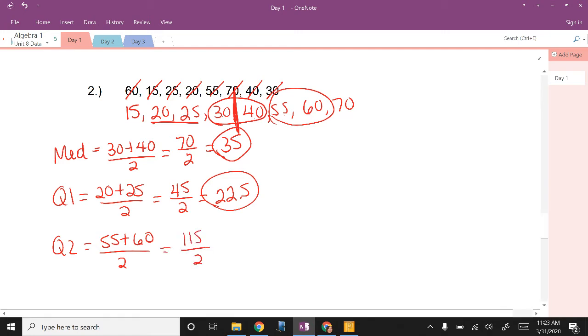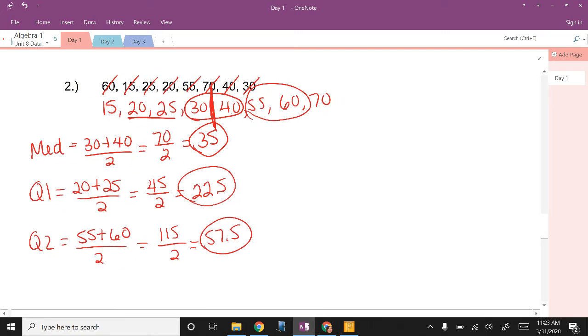Divide by 2, and that's 57.5. Okay, so when you have an even amount of data, your box and whisker plot is going to be a little bit trickier, just because it's a little trickier to find your medians and your Q1 and Q3. Sorry, that should be Q3, not Q2.